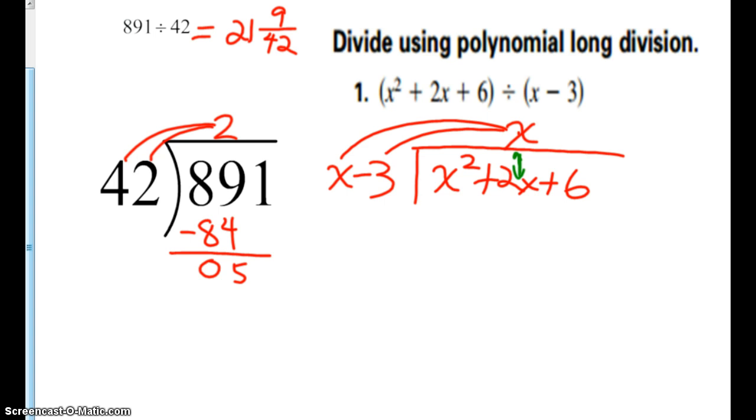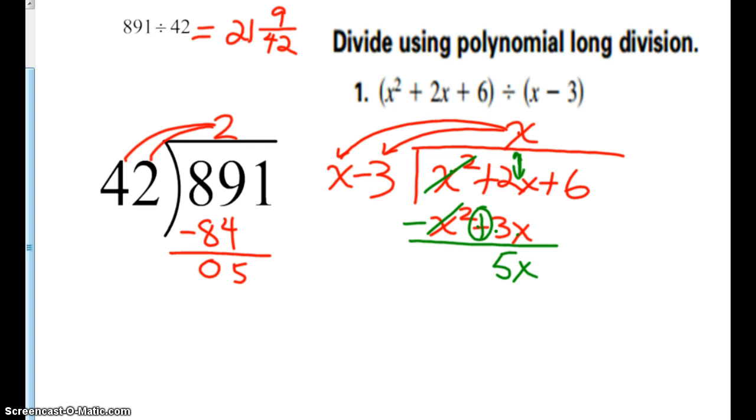After I multiply x times x and get x squared, and x times negative 3 and get negative 3x, to subtract, we will, as I say, draw the line and change my signs. I changed the signs of those two bottom numbers. And now I just add them. X squared and a negative x squared is 0, so those cancel. 2x plus 3x is now 5x.